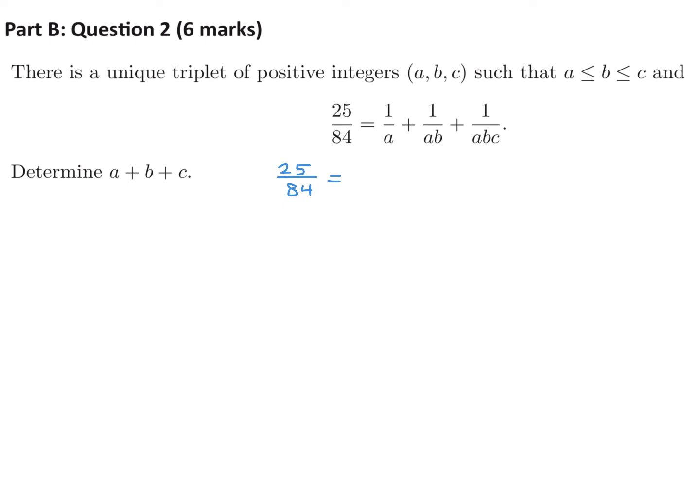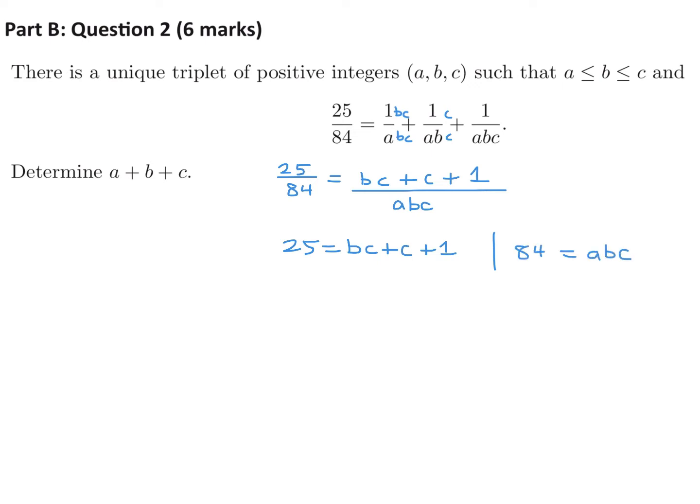Multiply top and bottom here by C, and top and bottom here by BC. That would give me (BC plus C plus 1) all over ABC. Now if I just do a direct comparison, I will get 25 is equal to BC plus C plus 1, and 84 is equal to ABC.